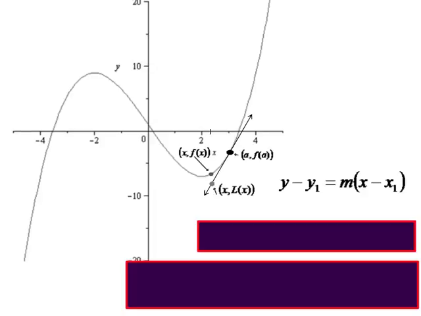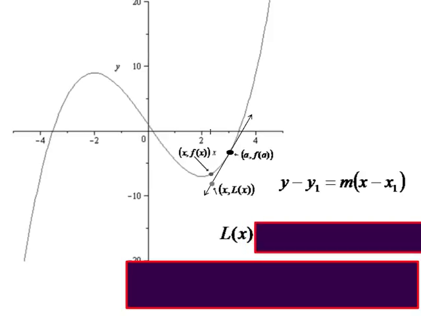Okay, so again, the first y is going to be L of x, right? That's our first y value. The next y is going to be, and I wish I could do these things at the same time. So this was our first y value, this is our second y value.